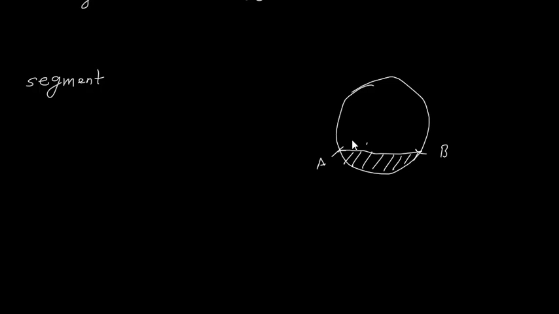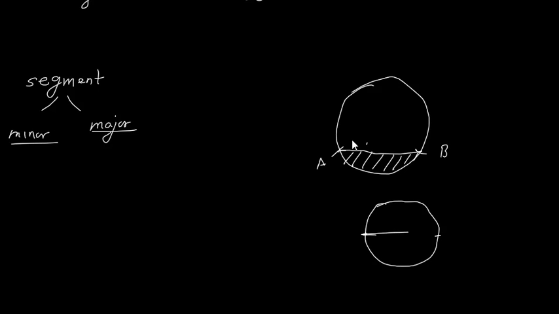Now again I have 2 types of segment. One is minor segment and one is major segment. So minor and major. I will say that the smaller part is called minor segment and bigger part is called major segment. If the endpoints of chord are the endpoints of diameter, okay, then in that case minor segment and major segment both are equal, and in that case it is called semicircular region.